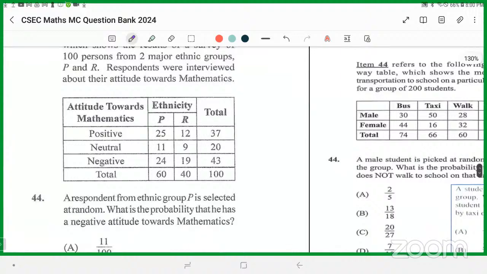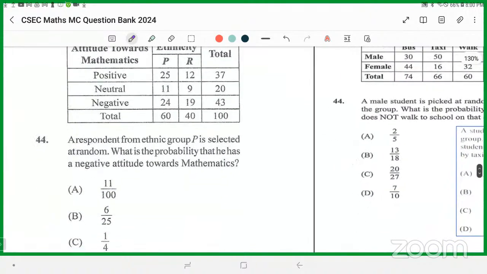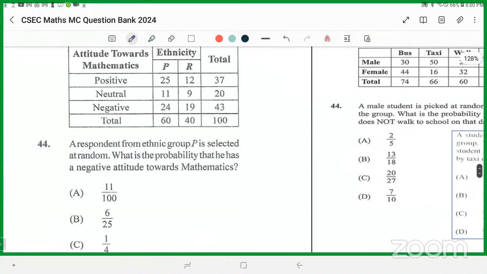It says, a respondent from the ethnic group P. So we're working only in ethnic group P, guys, in which there were 60 persons in total.